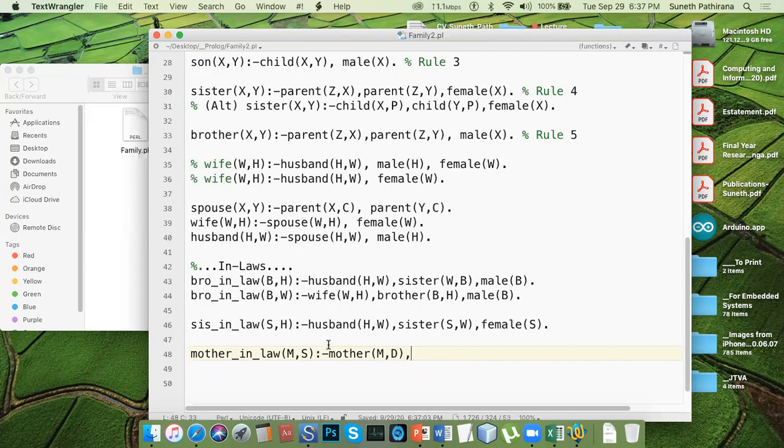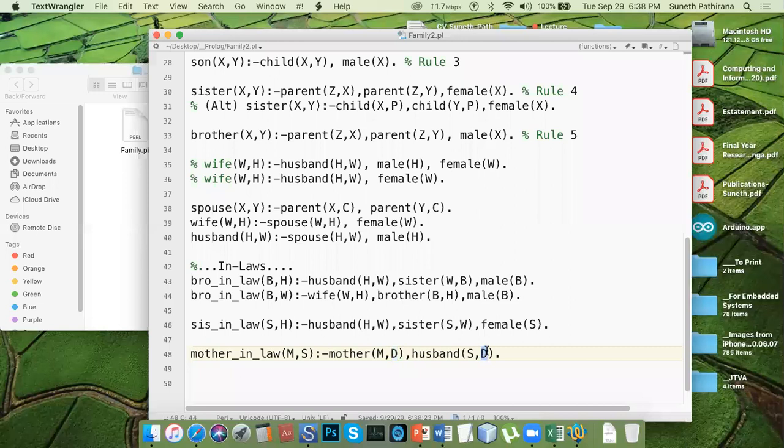Still we didn't use the term S, son-in-law. Then what? They must be husband and wife. Okay. So I take this relationship. So the person S must be the husband of D. D means here the daughter of M. M becomes the mother for D. That means D is the daughter.